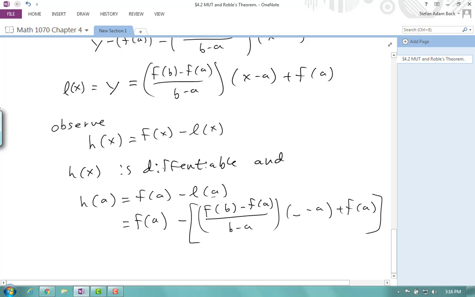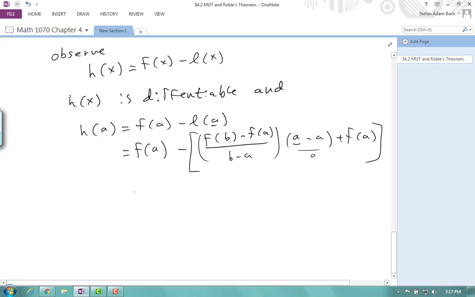When I plug A in for x for my line, I end up with A minus A over here, which becomes 0, which is multiplied to the biggest, nastiest part of this. So this is equal to f(A) minus 0 plus f(A), which is going to be equal to f(A) minus f(A), so this is equal to 0.